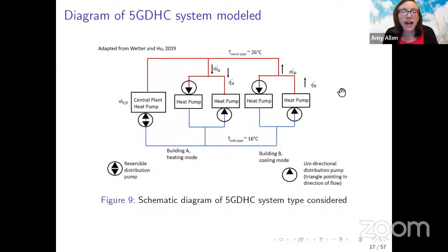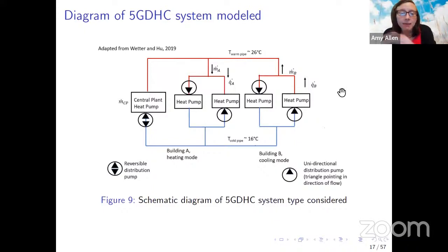I used an energy model in Modelica to represent the performance of the 5G DHC system, and then used the energy consumption results as inputs to the cost function.